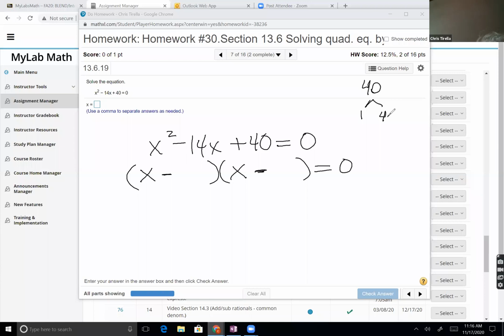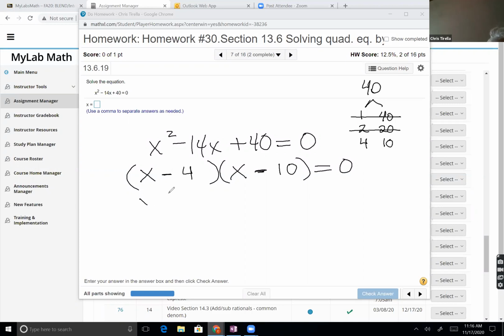40 could be 1 times 40. That won't give me 14. Could be 2 times 20. That won't give me 14. 3 doesn't go in evenly. Could be 4 times 10. Will 4 and 10 give me a 14 if I add them? Yes. So I have x minus 4 times x minus 10.